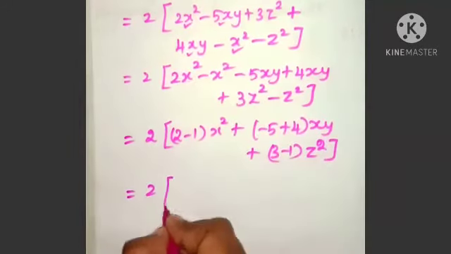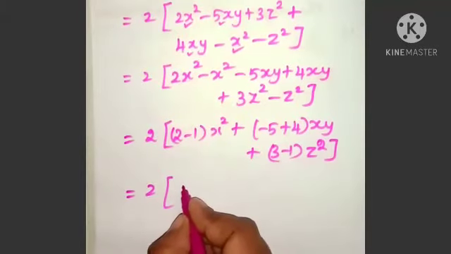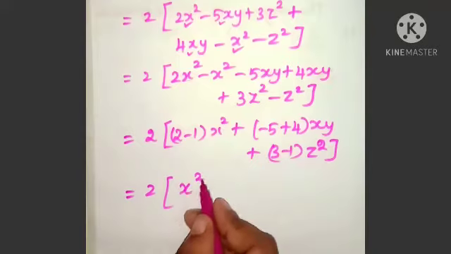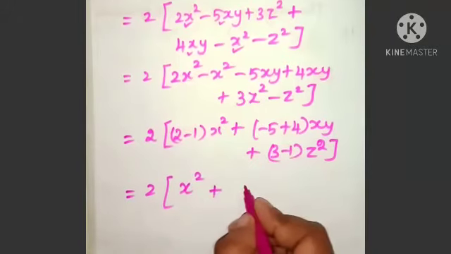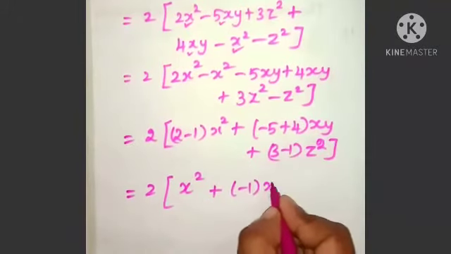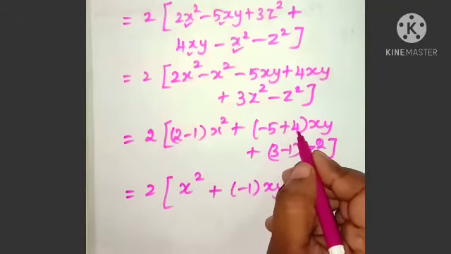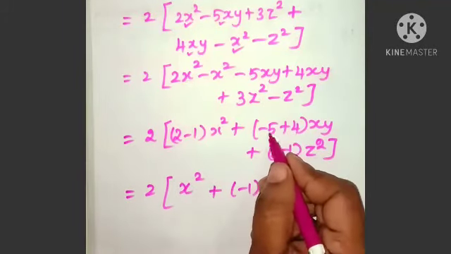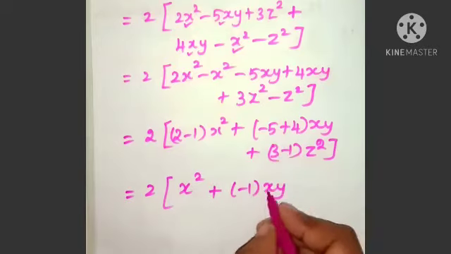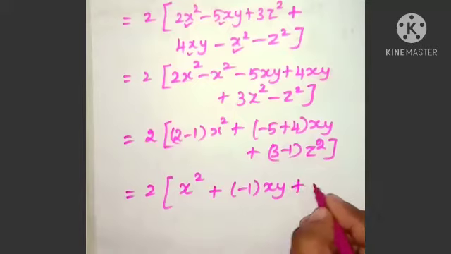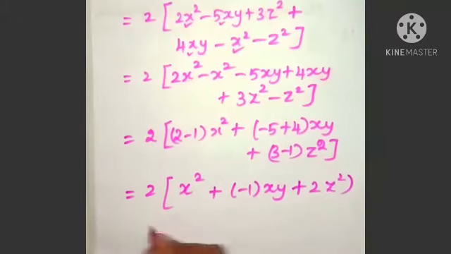Now we get 2 minus 1 is 1, so 1x squared, which we can write as x squared, plus minus 1 xy, because the difference between 5 and 4 is 1 and the sign of the larger one is minus. So minus 1 is the value. And here 2z squared.